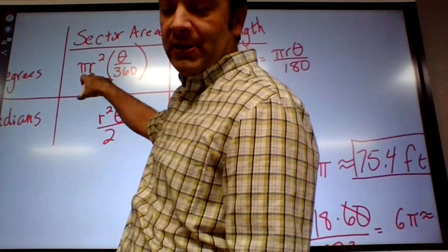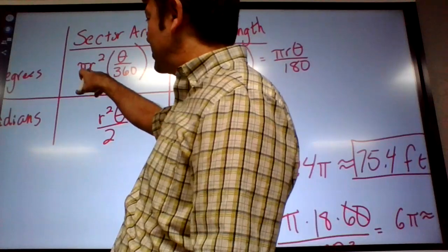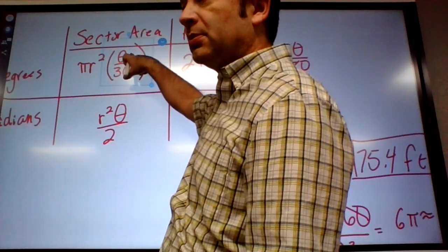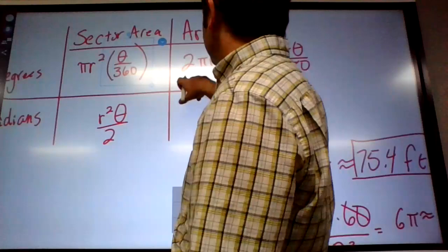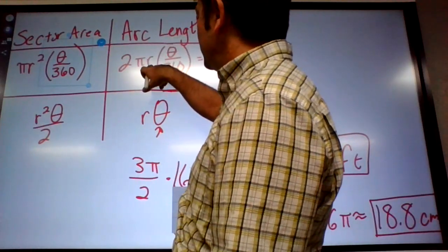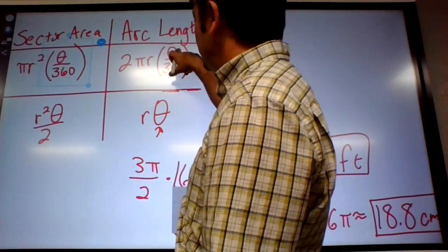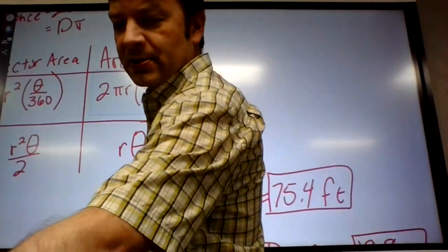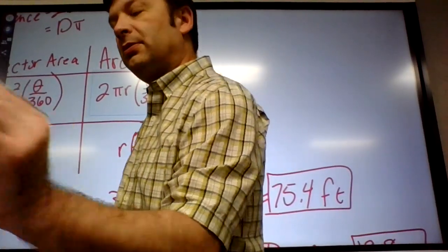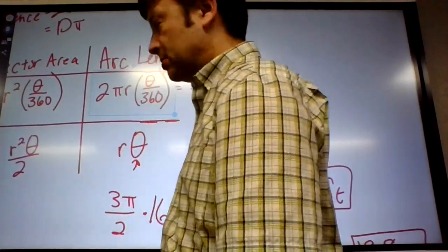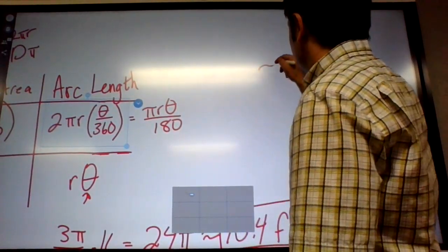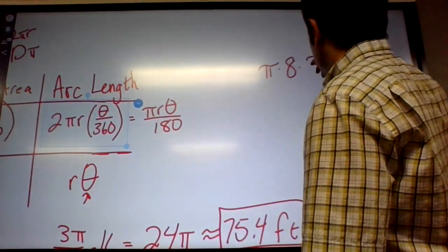So the radius is 8, so that's going to go right there. The angle is 315. So we're going to go right there. I think the back is the sector area. Yeah. So radius is 8.